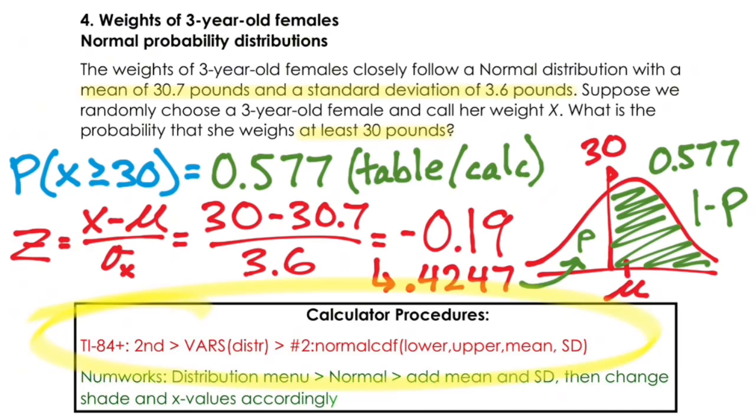You can see those procedures right down here at the bottom, as well as the NumWorks calculator, the other acceptable calculator for this course, but those things will be discussed more in class, and this is just meant to be an overview of the basic ideas with the first section of the current chapters.